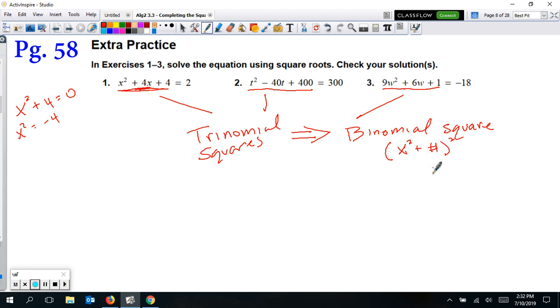We're going to turn these trinomial squares into squared binomials, so that we can take the square root of both sides to undo the square.